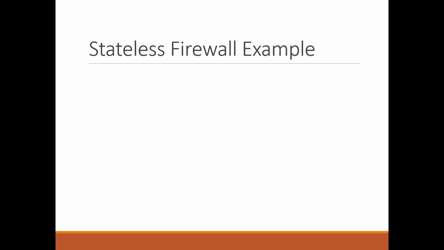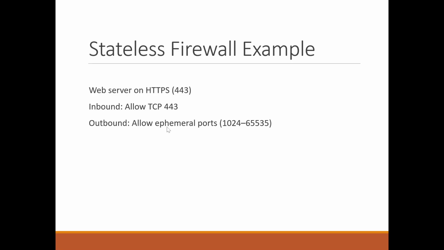Next, we'll see a stateless firewall example. Suppose we have a web server on port 443. We have to write inbound rules, so it will allow HTTPS traffic: allow TCP 443. We also have to write outbound rules, so it will allow response traffic to ephemeral ports like 1024 to 65535.